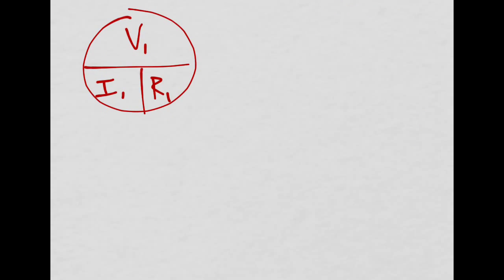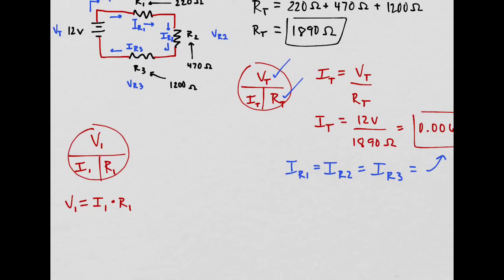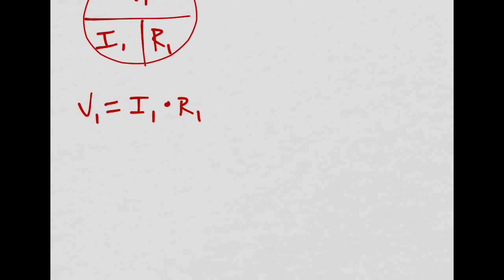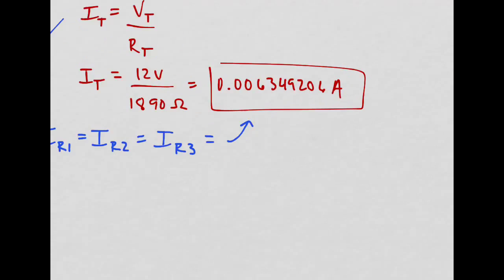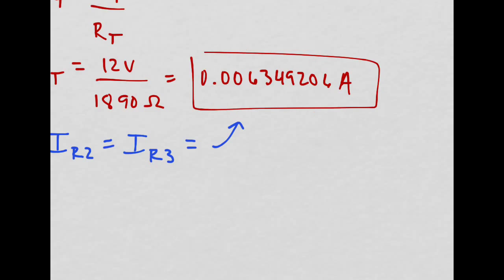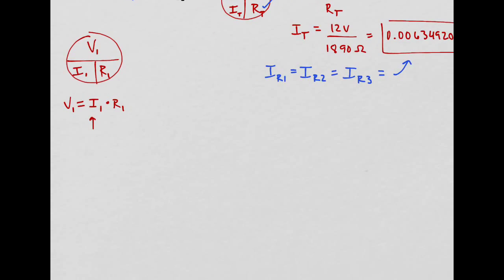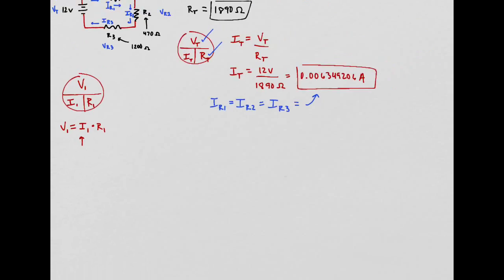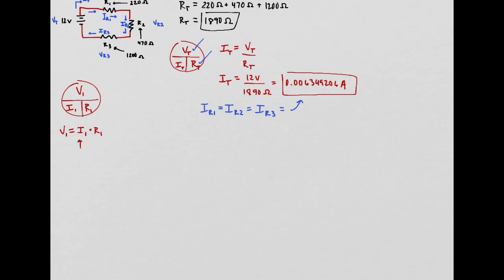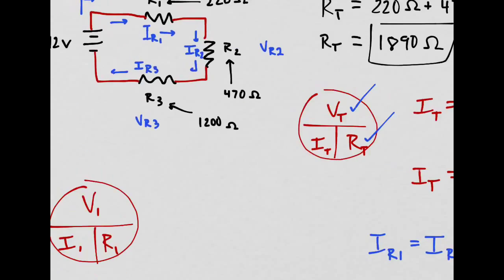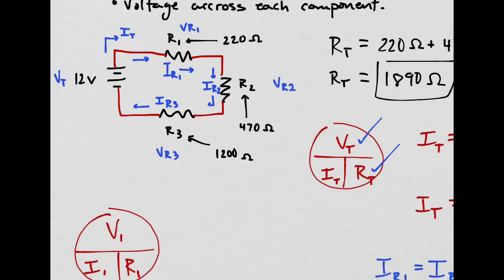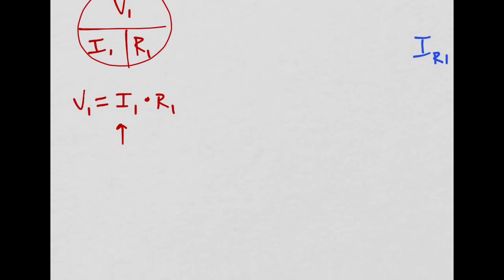So V1 equals I1 times R1. And I1, we already know I1 is that many amps. And then the resistance is given. The resistance is 220 ohms for R1.